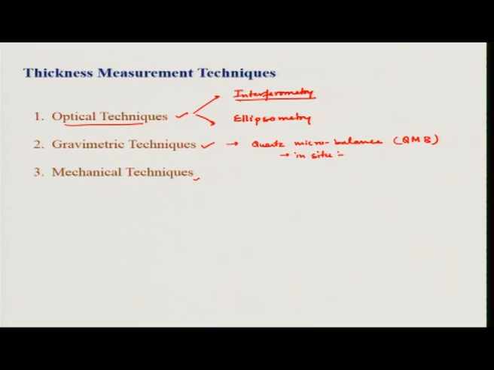In situ means while or during deposition. Okay. So, we discussed the science behind this technique and how this technique is used for measuring not only the thickness but also the deposition rate. Okay. And in this lecture we will discuss mechanical techniques of thickness measurements.